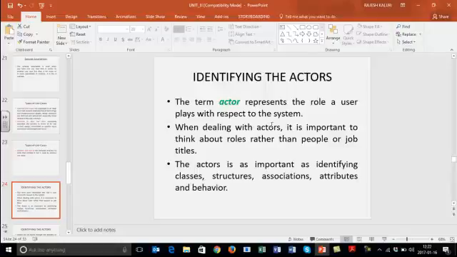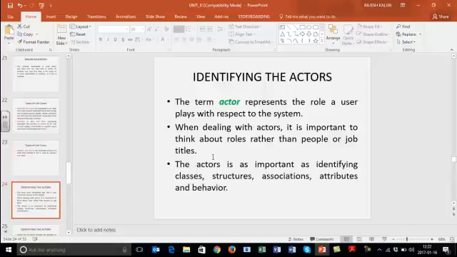And when dealing with actors, it is very important to think about the roles rather than people or job titles. So we are least bothered about what kind of job they have or what job titles they hold.